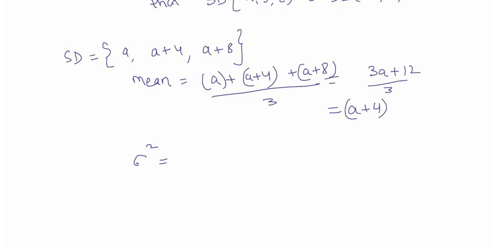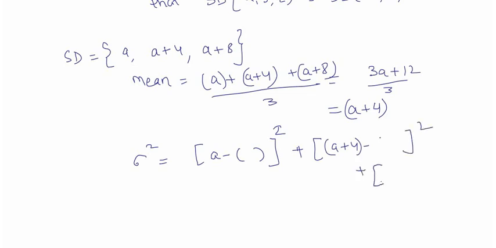Variance is the first number a minus mean square plus second number minus mean square plus third number minus mean square, divided by 3. The mean is a plus 4.